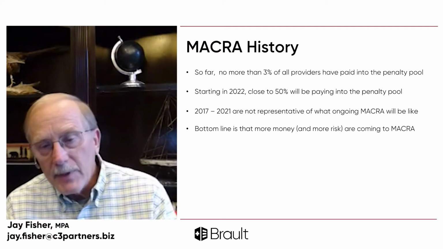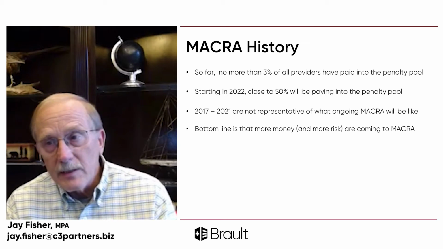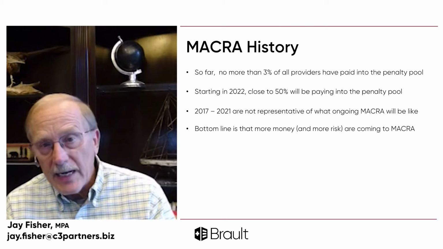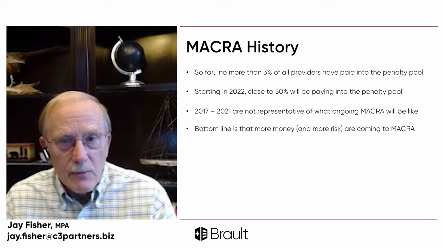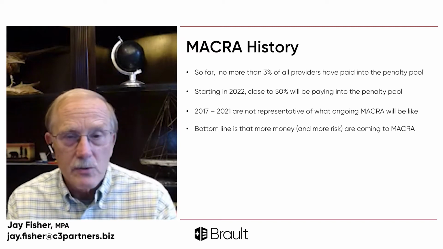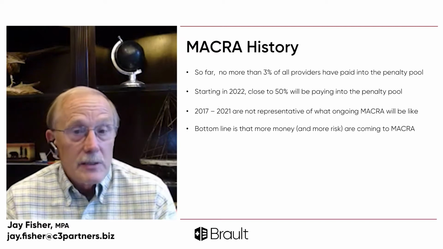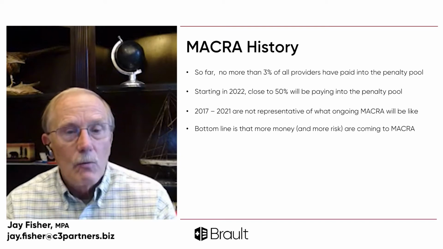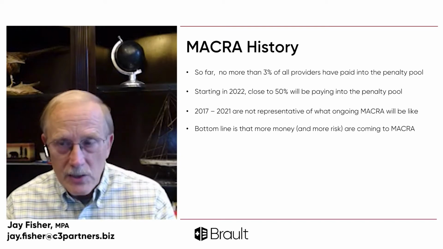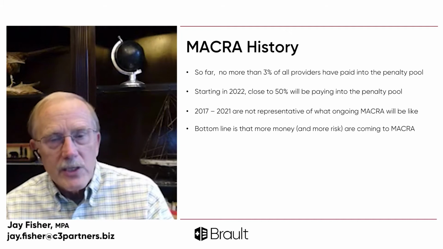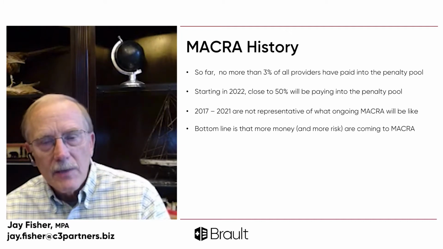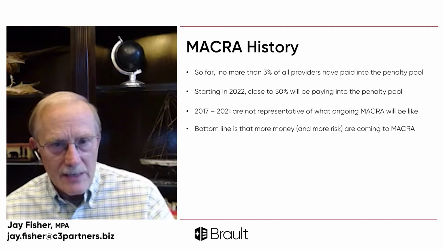That means that a big part of MACRA reimbursement comes from a pool that Congress defined as revenue neutral, or we can call it the penalty pool as well. And almost no one contributed to that pool. In fact, what we know, 2018 is the most recent year for which CMS actually published aggregate scores. They did in 2017 as well.